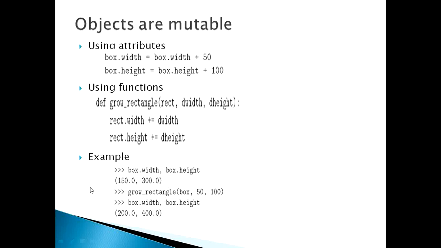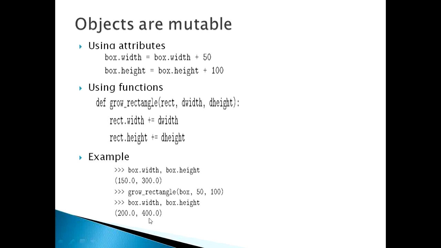That's why we have written box.width here. Now once these arguments are passed, that is box, 50 and 100, box will be mapped to rectangle, 50 is mapped to dwidth, 100 is mapped to dheight, and then we will call our attributes, box.width, which is nothing but rect.width, and box.height, which is rect.height. Then we'll get the new width and height.